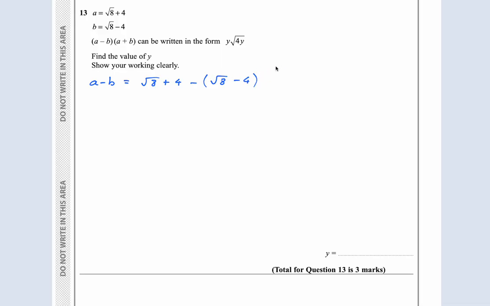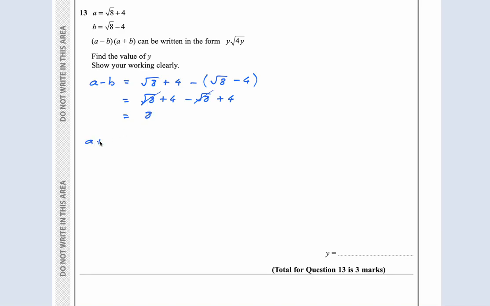Okay, this question might be easier than I think, guys, because this is equal to root 8 plus 4 minus root 8 plus 4, because minus times minus gives me plus. The root 8's cancel. Root 8 minus root 8 is 0, and I'm left with 4 plus 4, which is 8. Okay, nice.